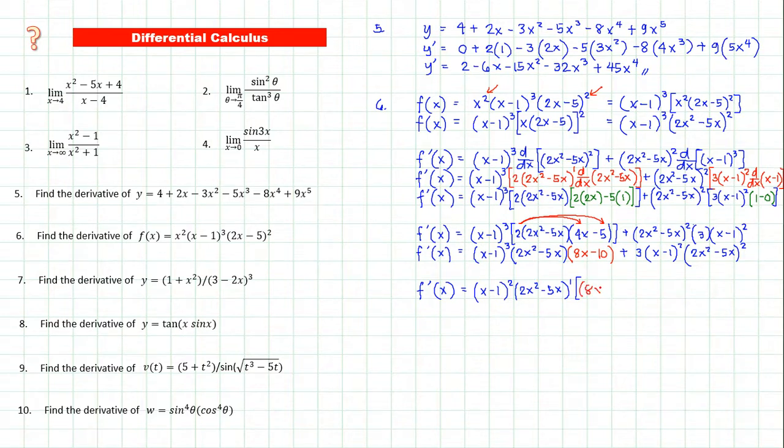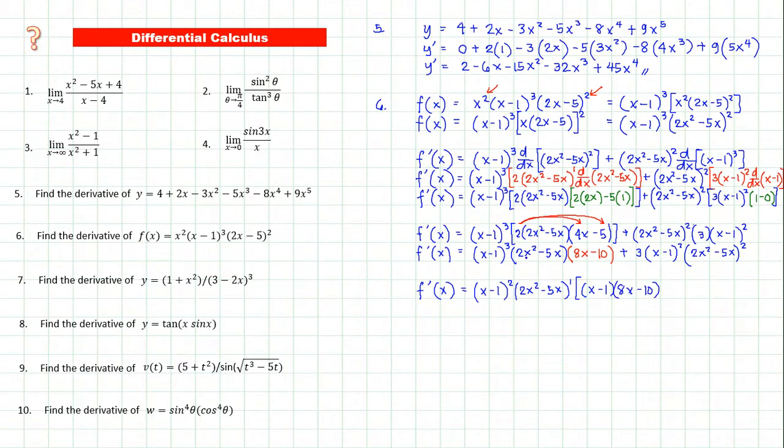quantity 8x minus 10, right? Tsaka nakamultiply yan sa, may natirang isang x minus 1 pala. May natirang x minus 1 times 8x minus 10. Okay?